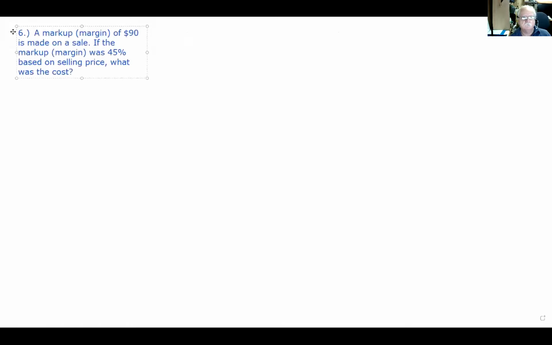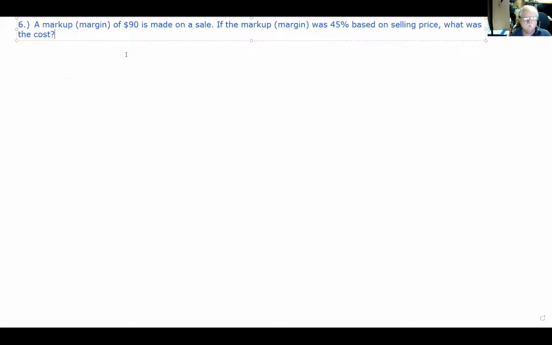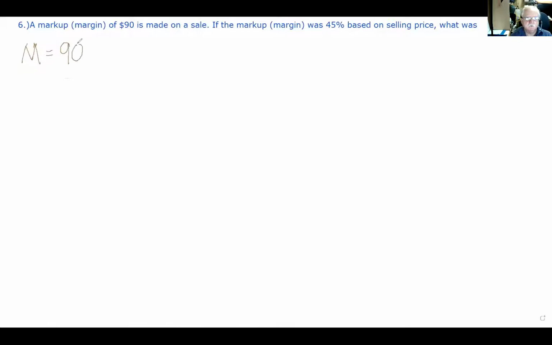So let's see what else they can do to us here. So a markup of $90 is made on a sale. So what they've told us is that the markup equals $90.